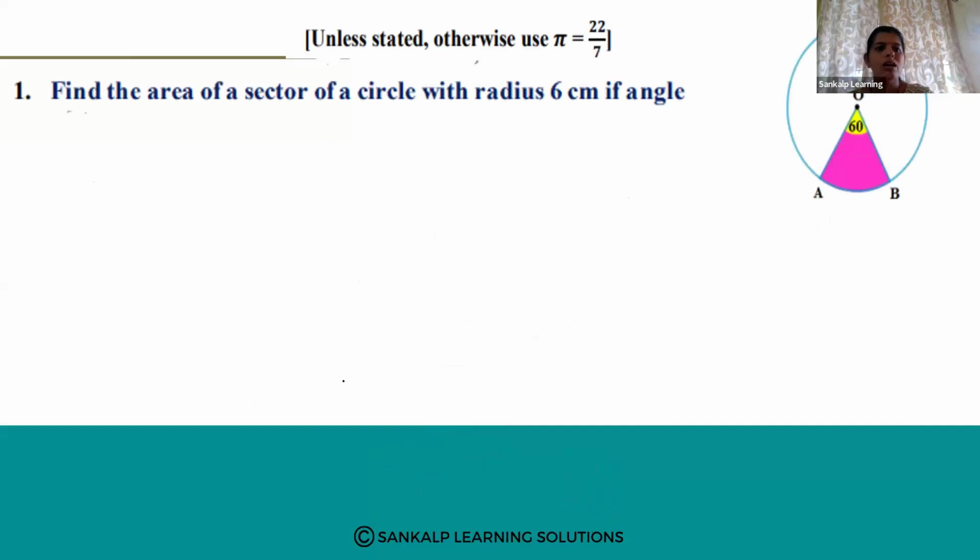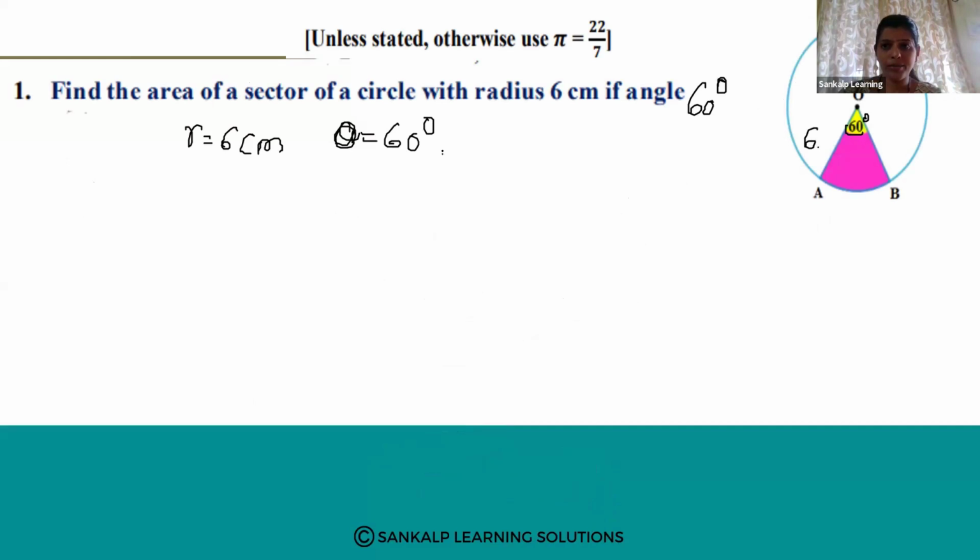So next question. Find the area of a sector of a circle with radius 6 centimeter if the angle is 60 degrees. So here the angle is 60 degree. That means in the figure we can see that the angle is 60 degree and the radius is 6 centimeter. So radius r is equal to 6 centimeter and angle theta is 60 degree.